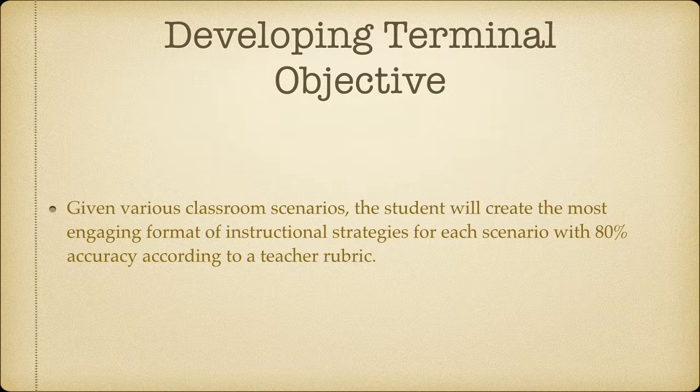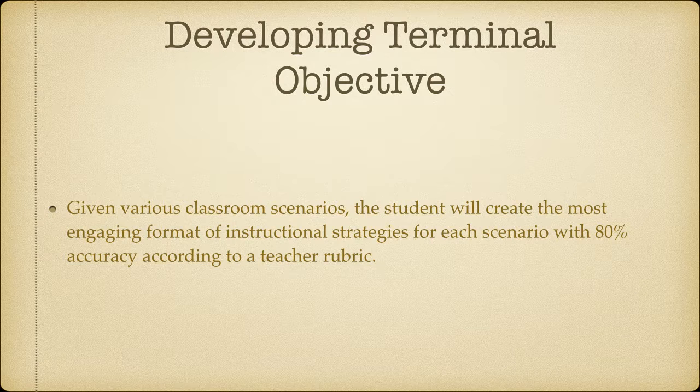So the condition part of it would be the first part. Given various classroom scenarios, that's the condition. The student, and one thing I forgot to mention in class would be that it's always going to be the student, not the students. That's basically just so that you remember that we are not a normative-based course or a normative-based discipline.